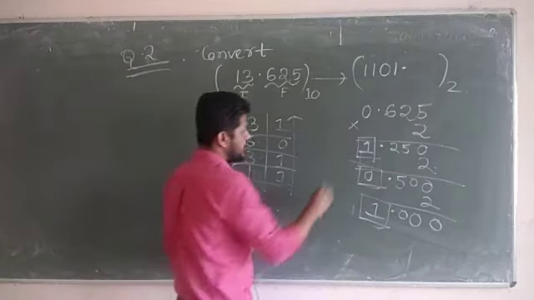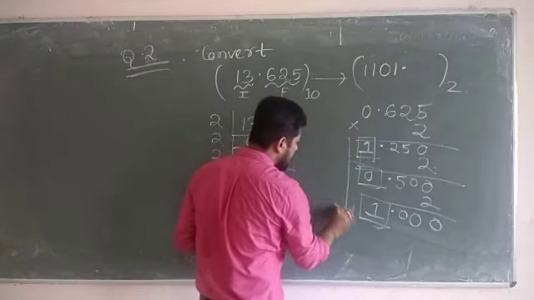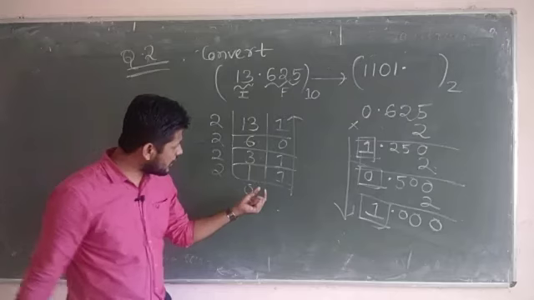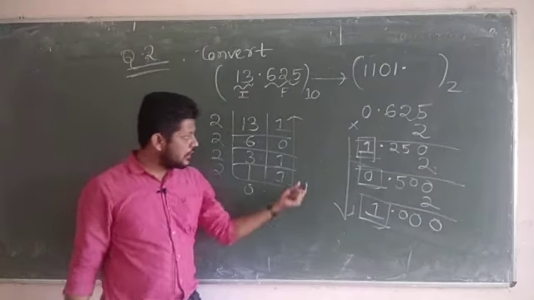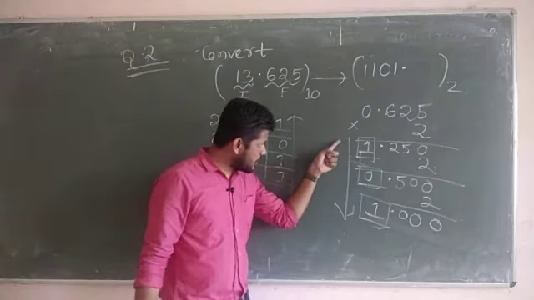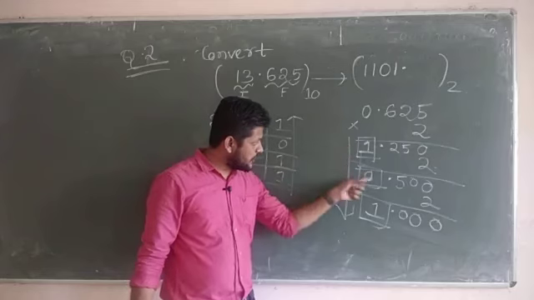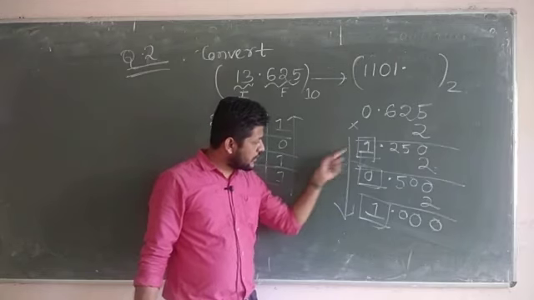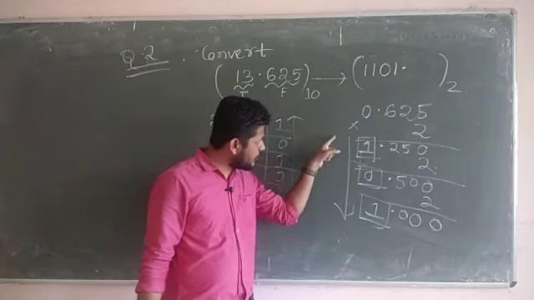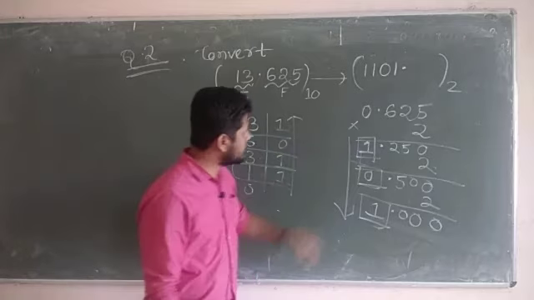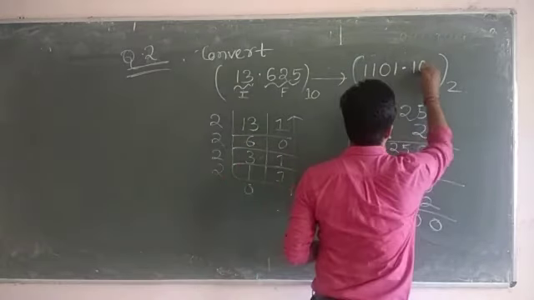Here you need to go from top to bottom. Remember, in the integer part we go from bottom to top. In the fractional part, after multiplication with 2, take away the integer part and then write the numbers from top to bottom. So the answer will be 101.